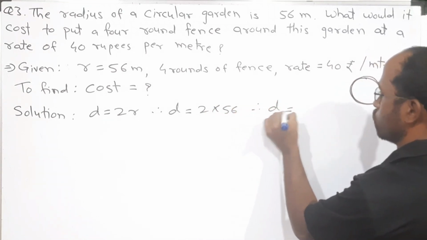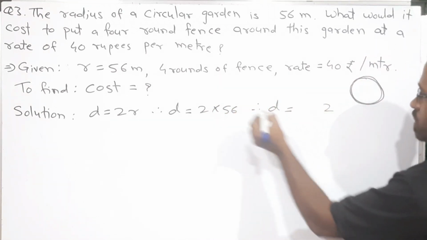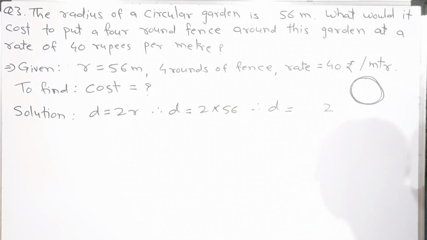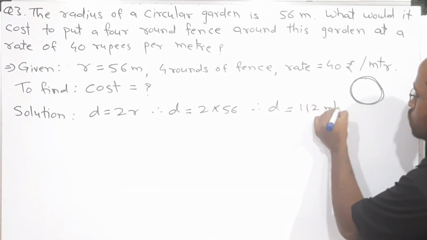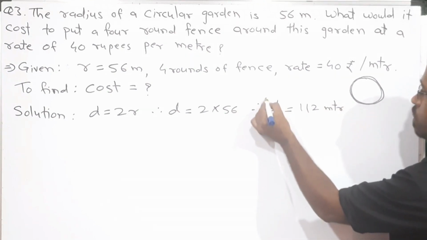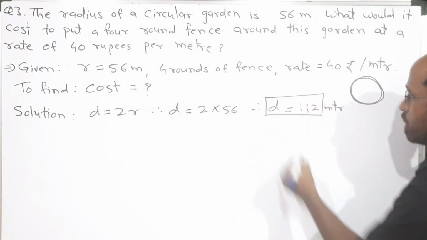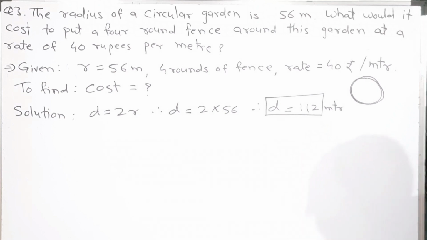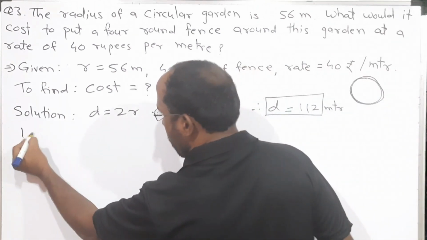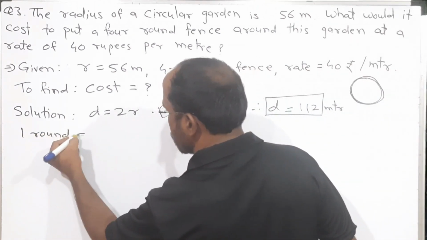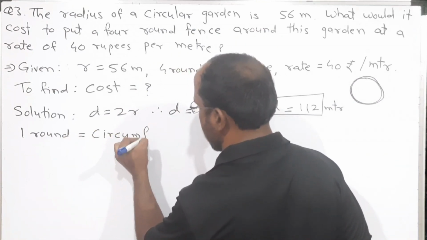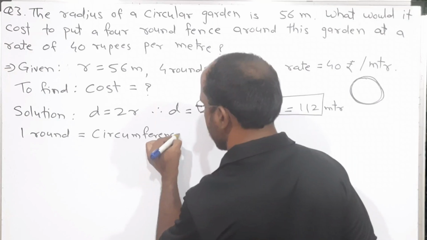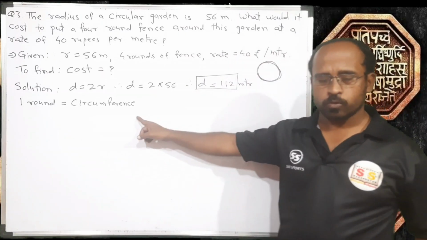Therefore D is equal to 2 6 are 12. 1 is carried. 2 5 are 10 plus 1 11. So diameter of this garden is 112 meter. Now 1 round is equals to circumference, right? 1 round is equals to circumference.